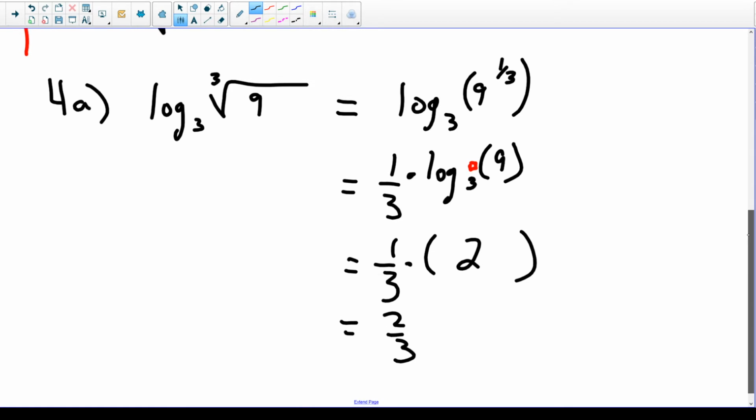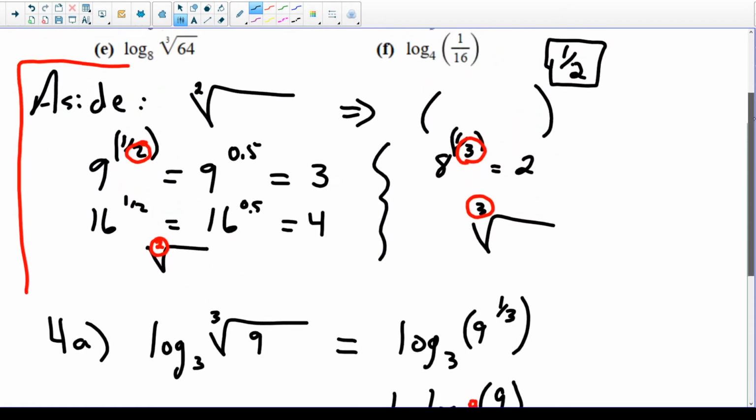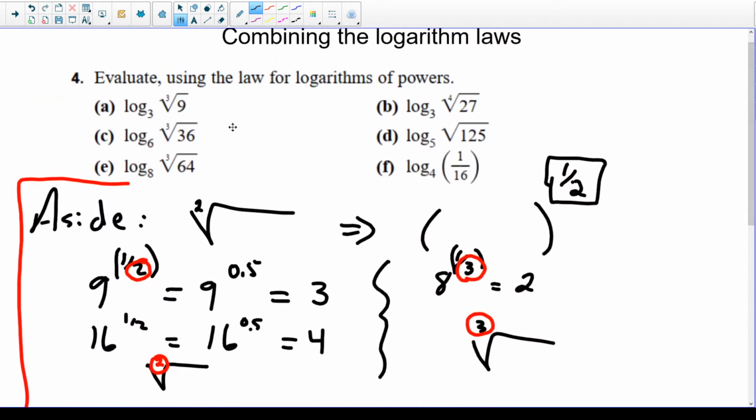And if we go back up and look at all of the other ones that deal with roots, like, let's look at B. This would become a 27 to the 1/4. Let's see if we could do this in our brains without writing anything down. The 1/4 would move down in front.